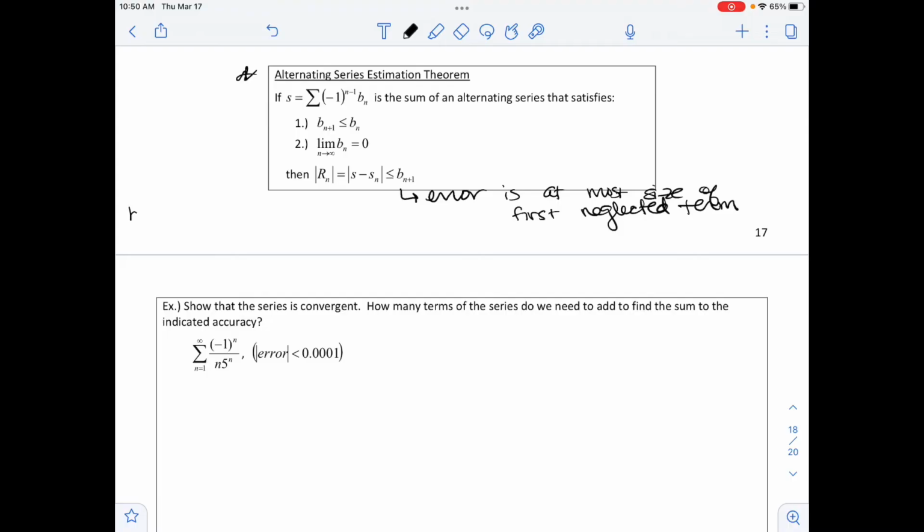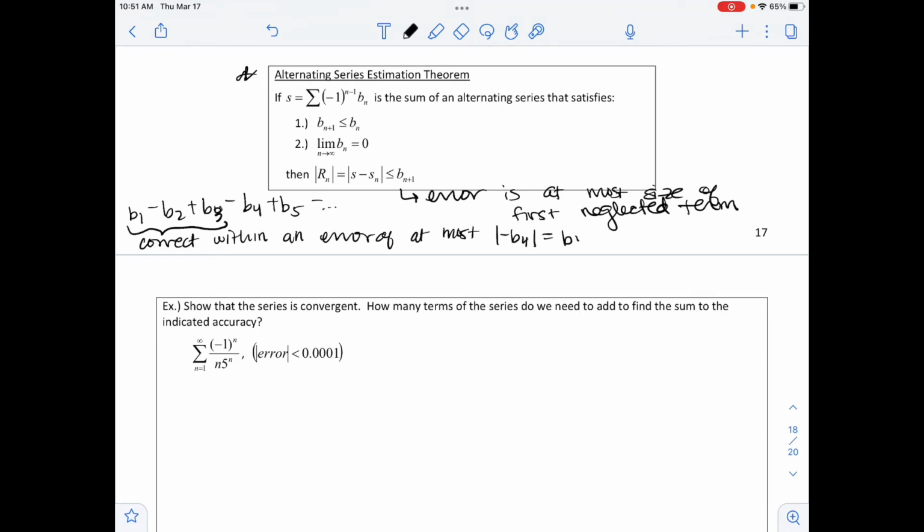So if we had, say, b1 minus b2 plus b3 minus b4 plus b5, minus and going on forever, and we were to say that this is correct within an error of at most the following term, which is going to be the absolute value of negative b to the fourth, or b to the fourth.